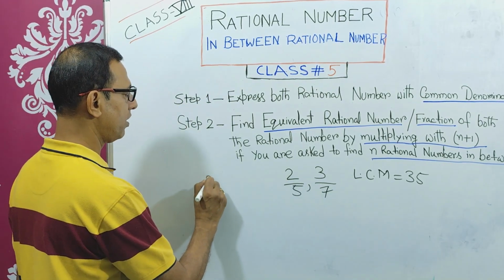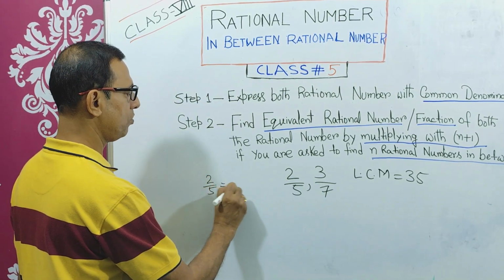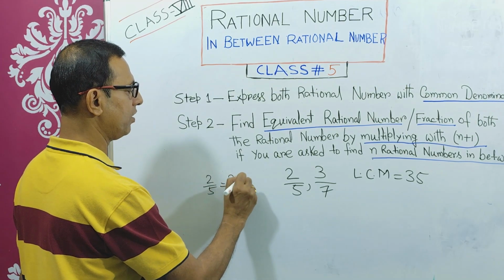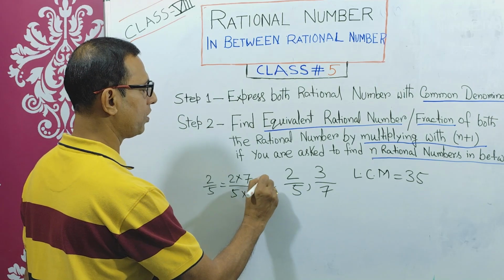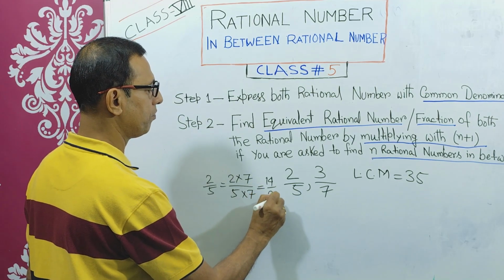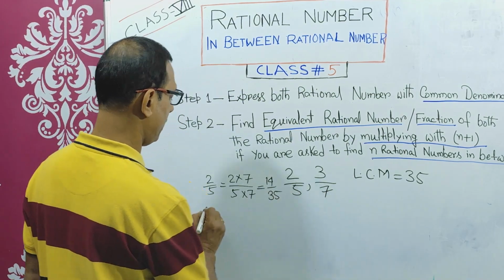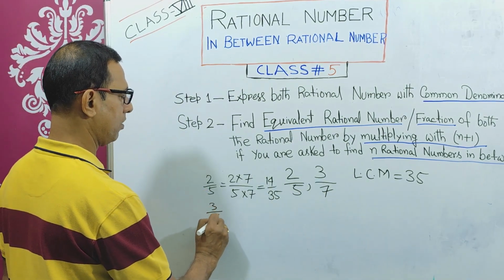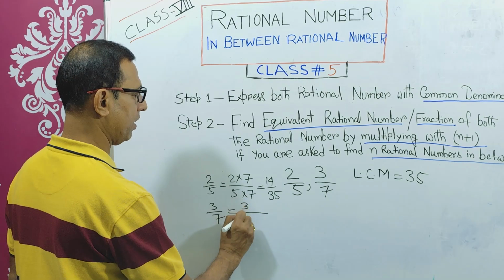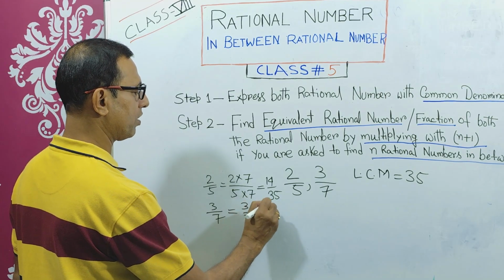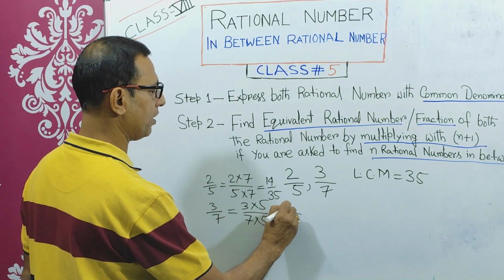So 2 by 5 equals, multiplying both numerator and denominator by 7, 14 by 35. And what about 3 by 7? You multiply both numerator and denominator by 5, so it will be 15 by 35.